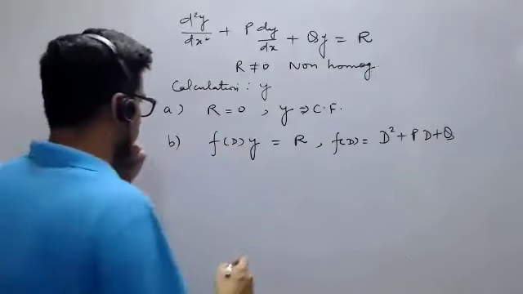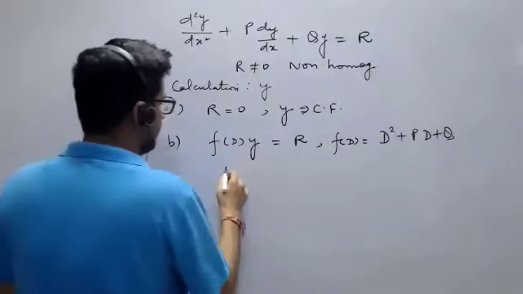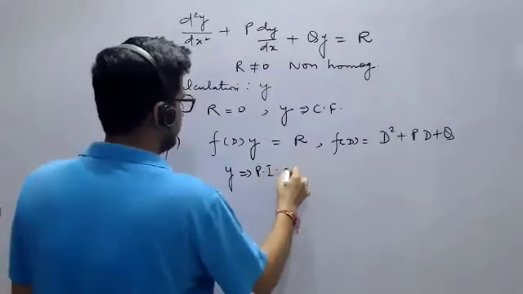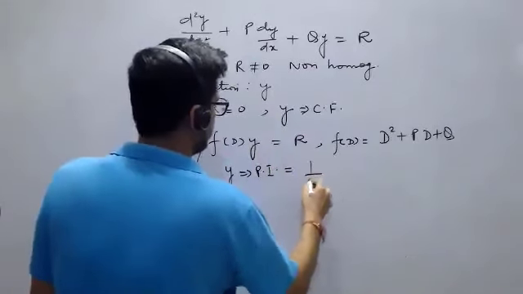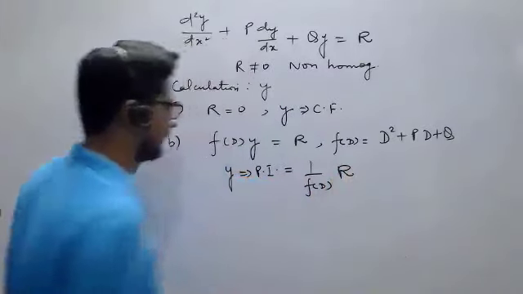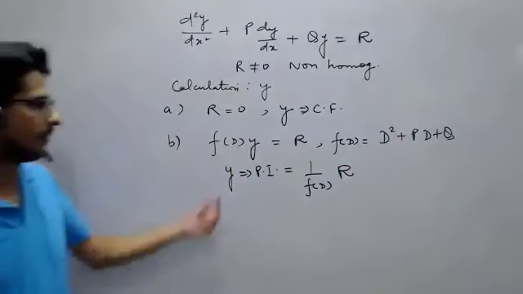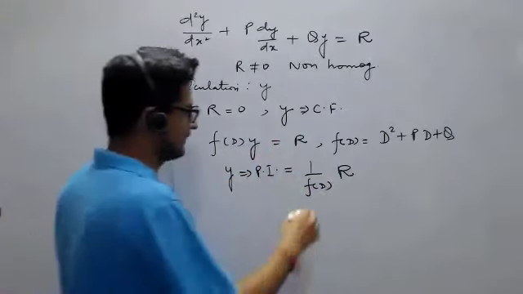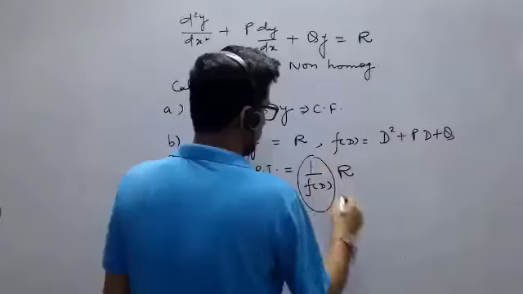For the solution of this equation, when we get this y, which is known as the particular integral this time, we write it like this: 1 upon fd into r. And please remember, this is not something ordinary.